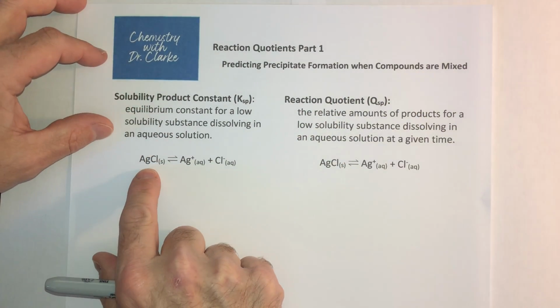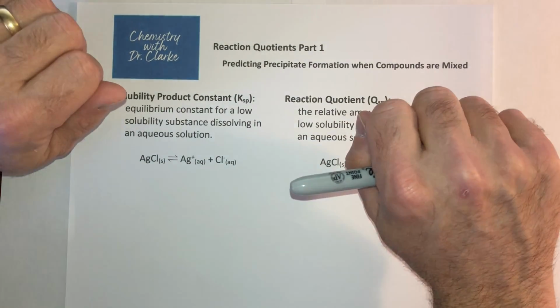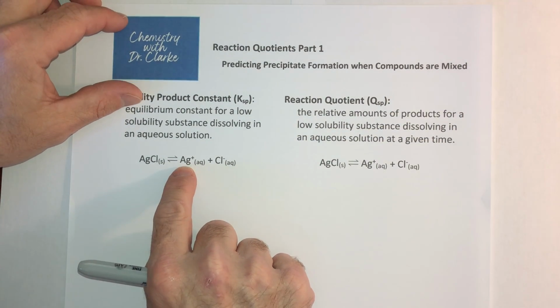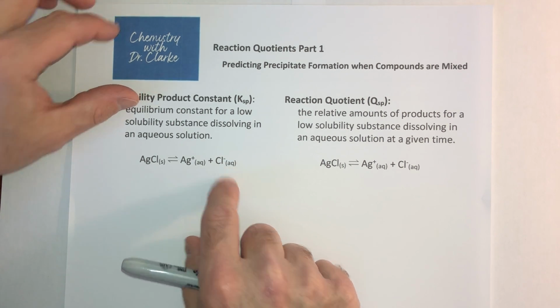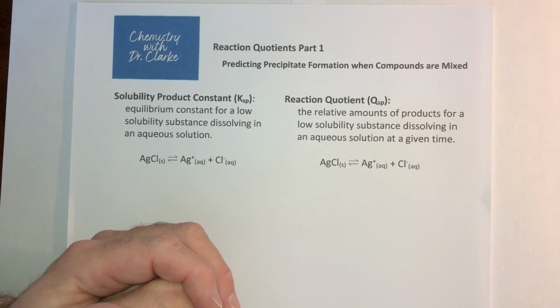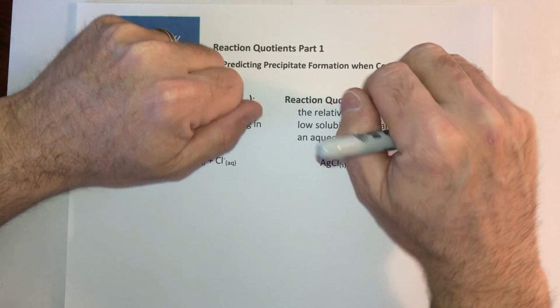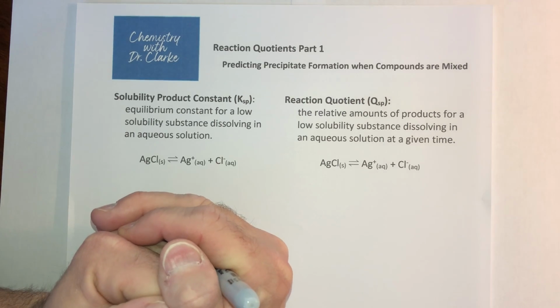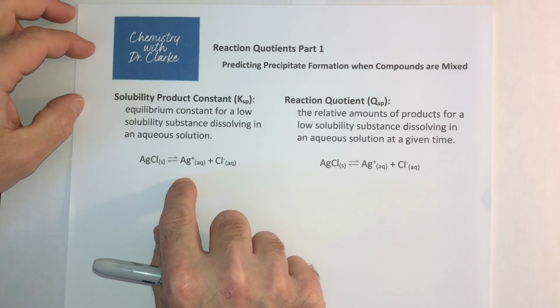So the majority stays as the solid, but a very small amount dissociates and breaks up to give you silver plus and chloride minus. Now it is an equilibrium. So eventually, for every one silver chloride that breaks up, there will be one silver and one chloride that reform back into a solid. So break up, reform, break up, reform, and you get an equilibrium.